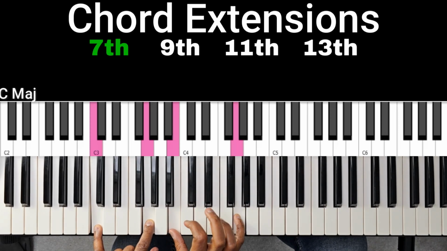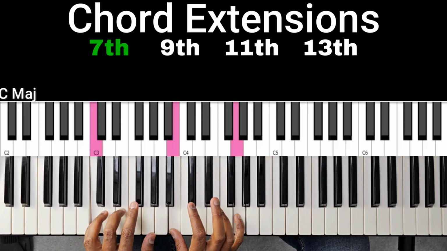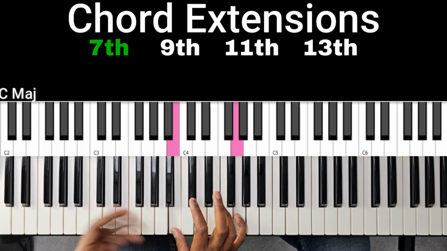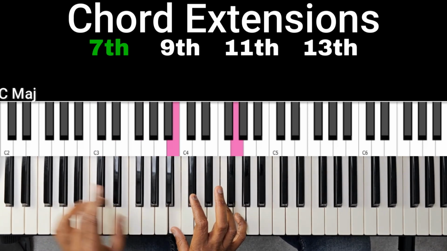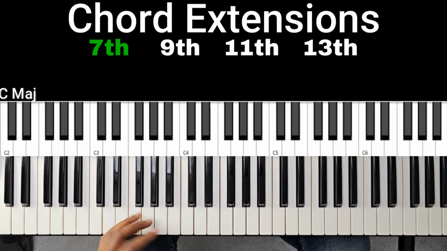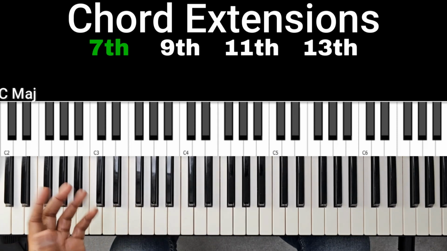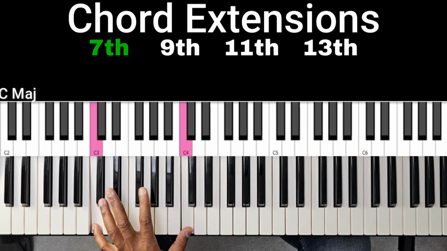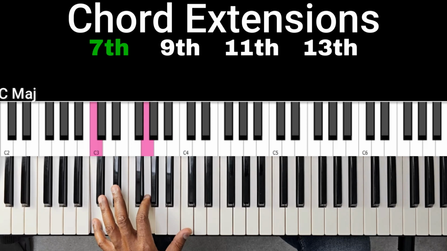So we've left some notes out. So we can leave that out, which is the 3rd, so that we don't let it get clogged up down here. When you're playing the left hand and you're playing too many notes, it doesn't sound really nice. So just play maximum 2. If at all you need to play 3, but I'll stick to 1 or 2.